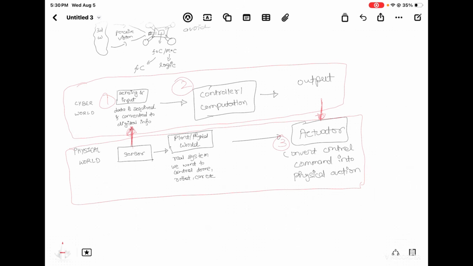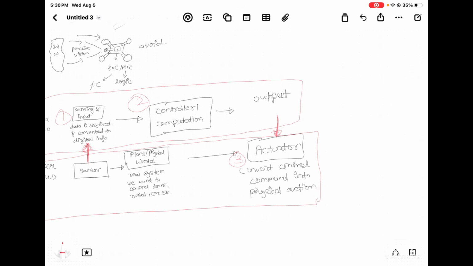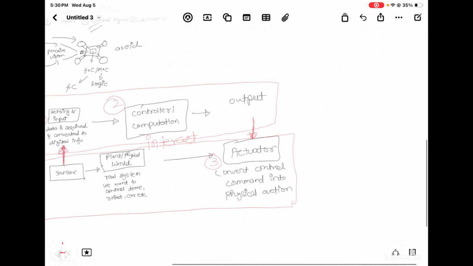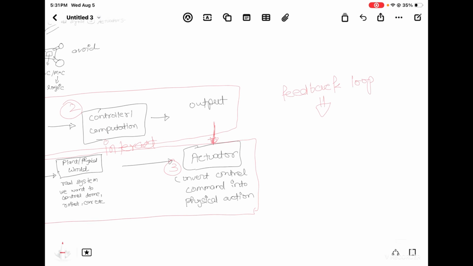So these two interact, and there comes the feedback loop. So what does the feedback loop mean? The physical world affects the cyber world, and the cyber world affects the physical world, and they take feedback from each other to improve themselves.